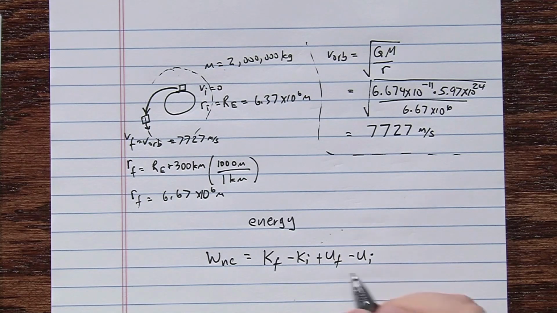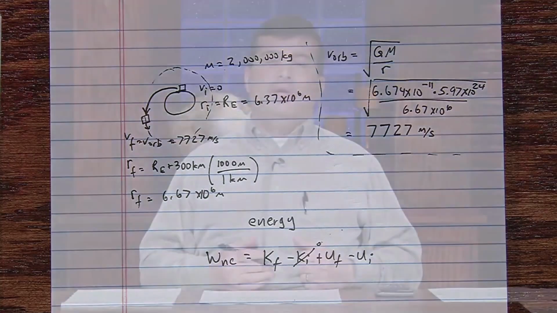We know that kinetic energy initial is 0 because the space shuttle starts from rest. Work non-conservative is not 0. That's the work done by the boosters, the thrusters, the rockets that launch the space shuttle. They exert a force. Gravity is not the only force on the space shuttle. It's the thrusters as well. We are ignoring air resistance, however, which we really couldn't do in reality. Well, what do we have here?